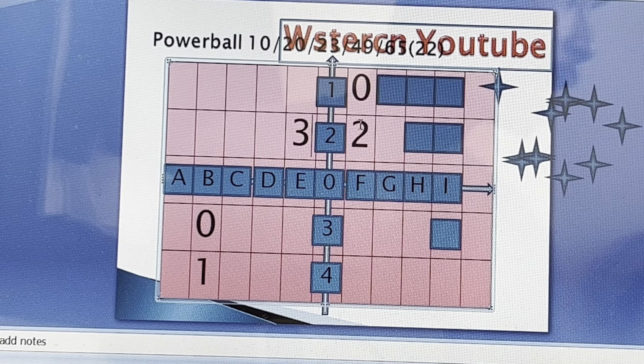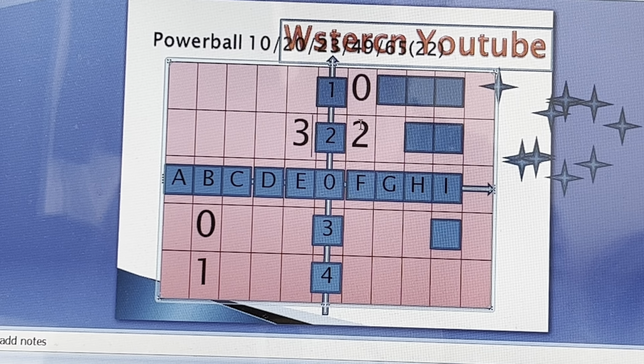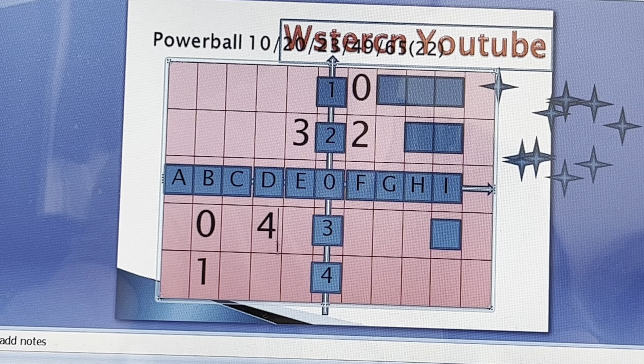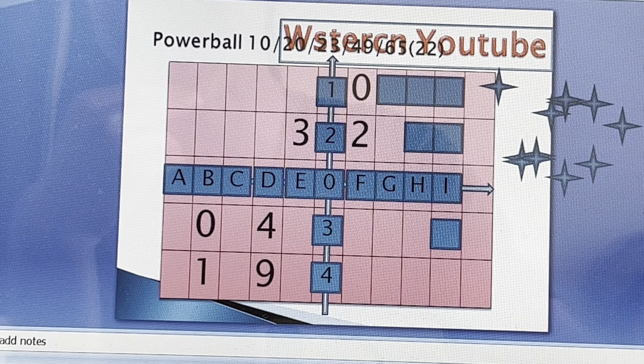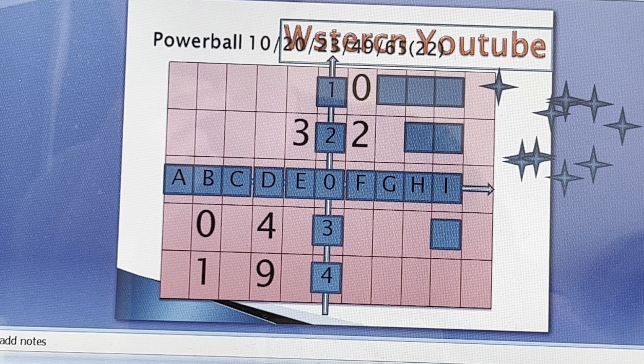Now I have the 49. D3 and D4. You see the 49 over there? So I'm going to go to the 49 section. D3 and D4.